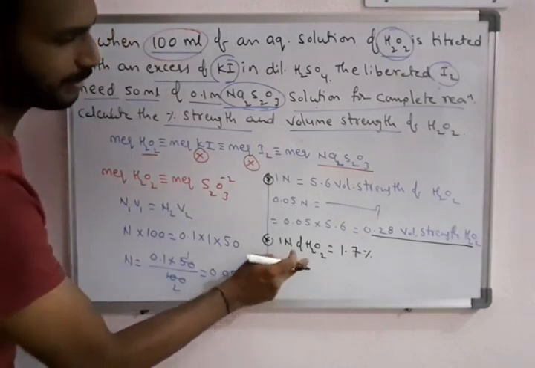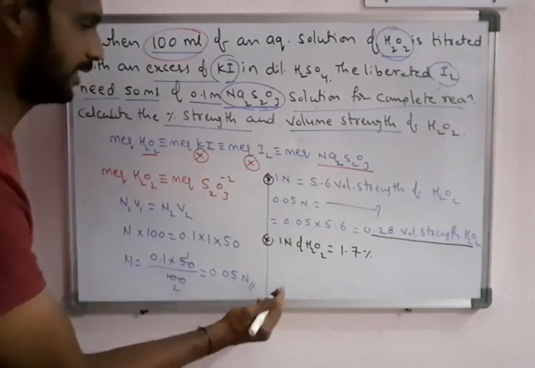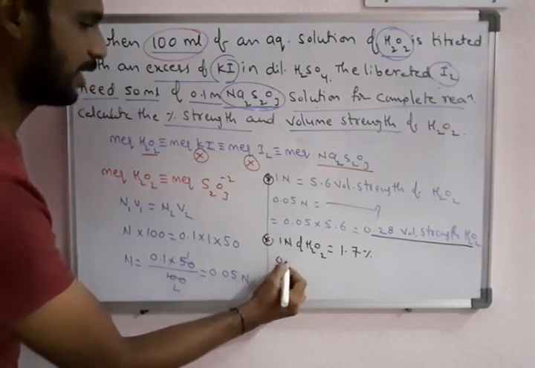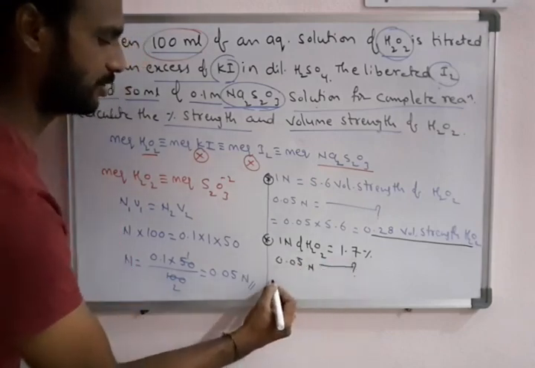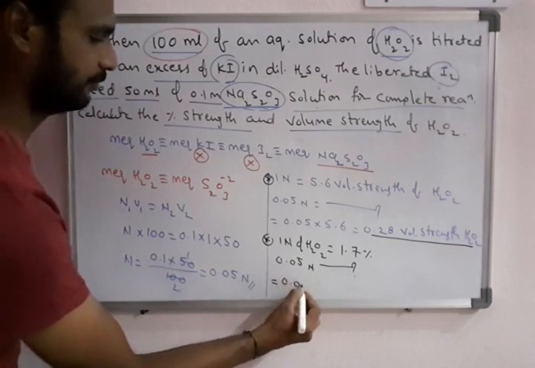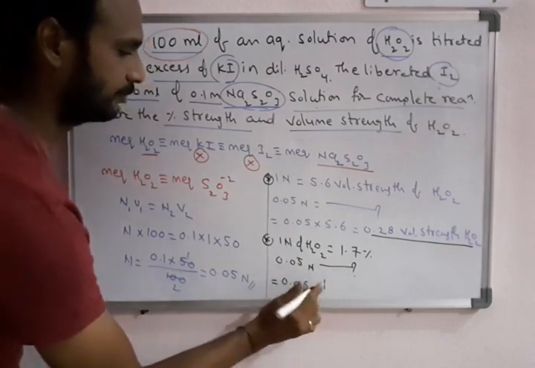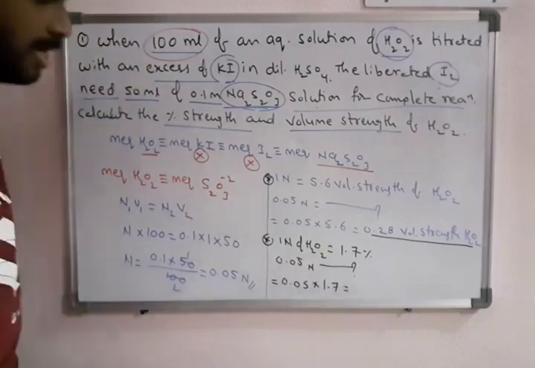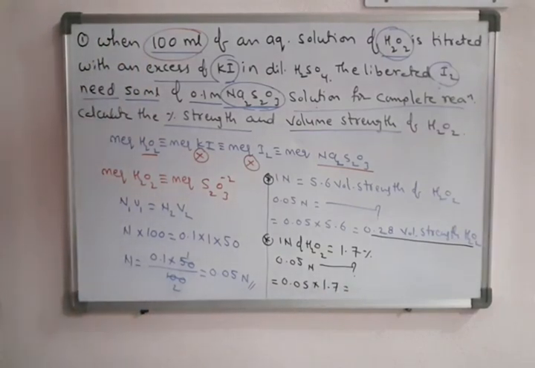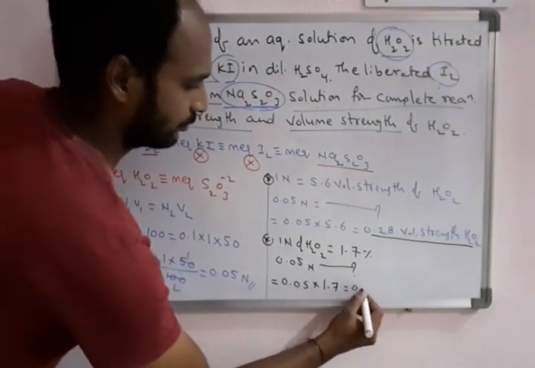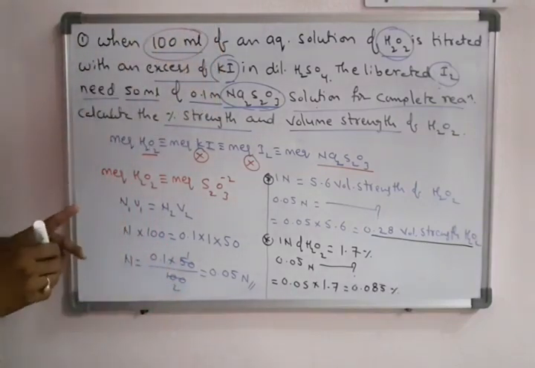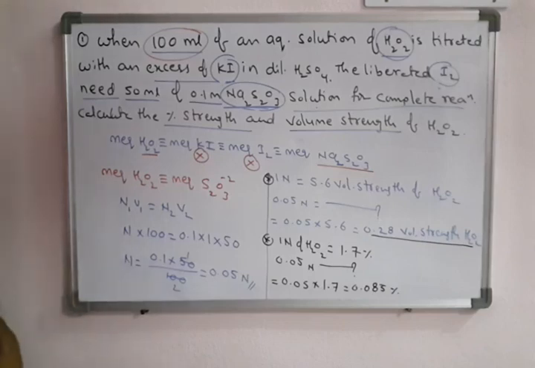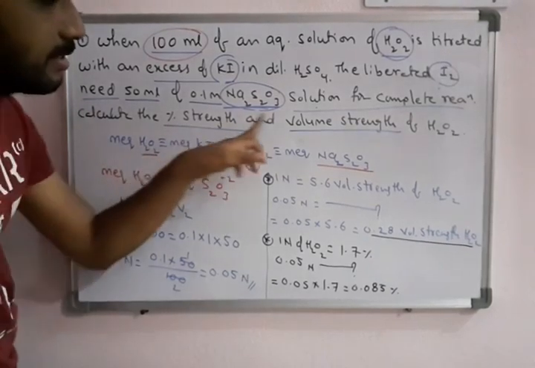We need to remember these relations as formulas. Then 0.05 normality is how much percentage? Here we will get 0.085 percentage.